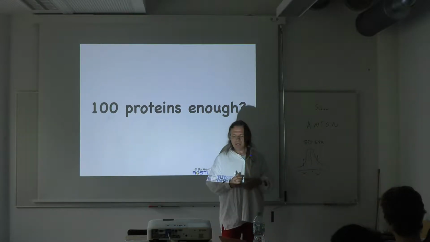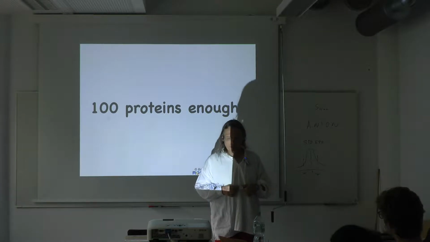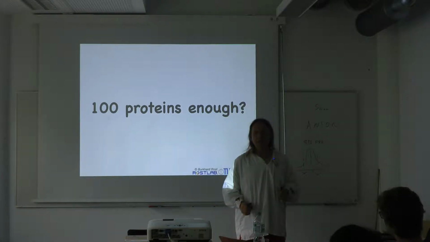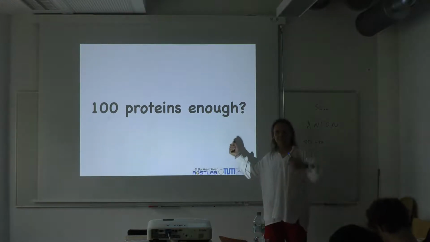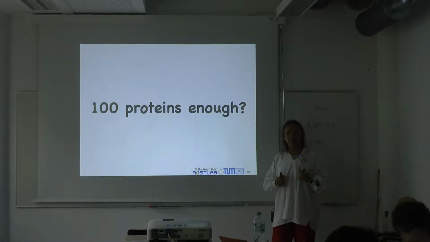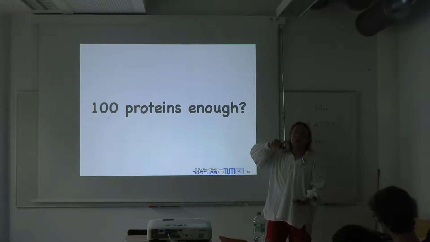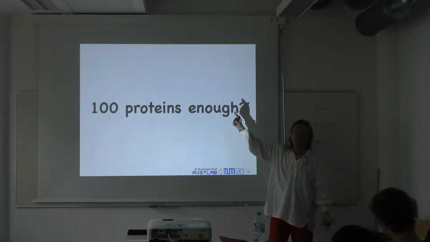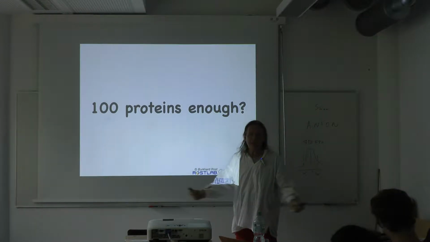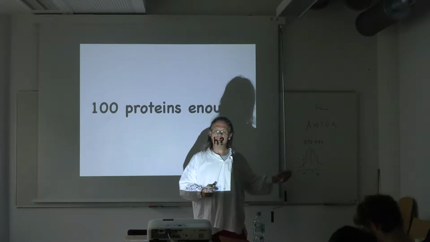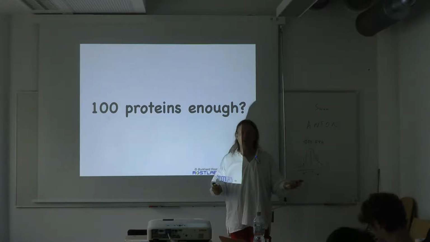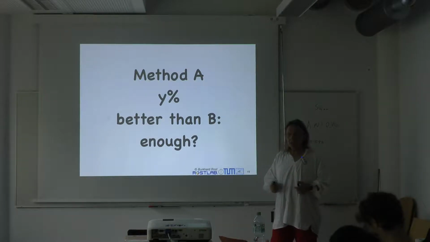And the standard error measures how right or wrong that is. And ultimately, the standard error of these estimates for performance, for differences of two methods, gets smaller the more proteins you have in your data set. So 100 is a relatively small number, so maybe Y has to be larger than something, because Y is just the standard error, right? So Y has to be clearly larger than the standard error.